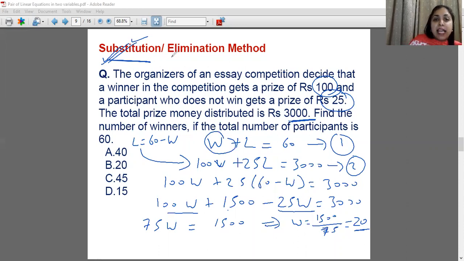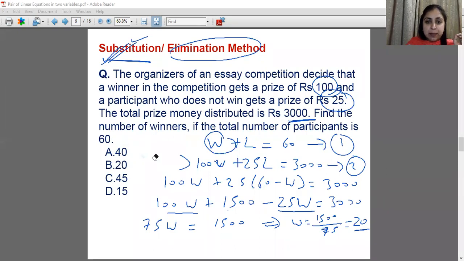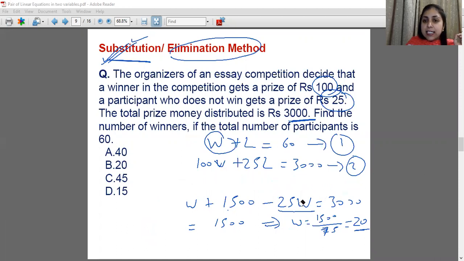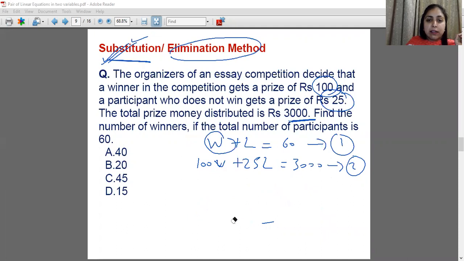Now, the next method is the elimination method. Now let us check what the elimination method is here, right? So let me erase some things, because the equations are the same. I'm erasing only the substitution method here. So these are my two equations. W plus L is 60.